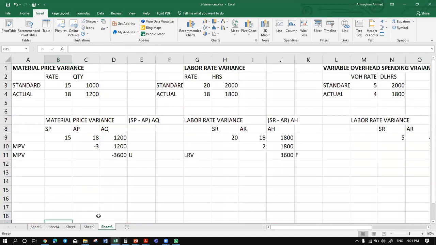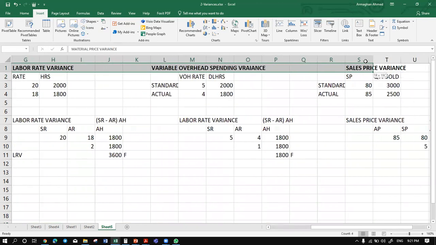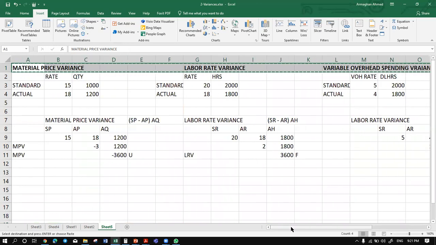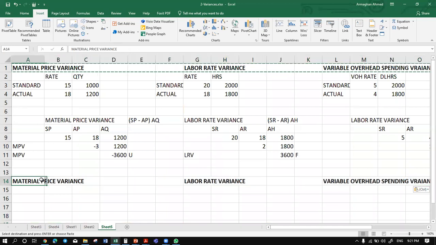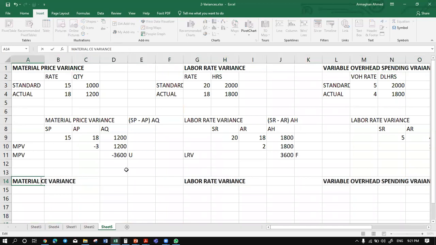Let's come here. This is the question. Now we want to calculate the same variances, but basically the material quantity variance, or as we also call it, the material usage variance.